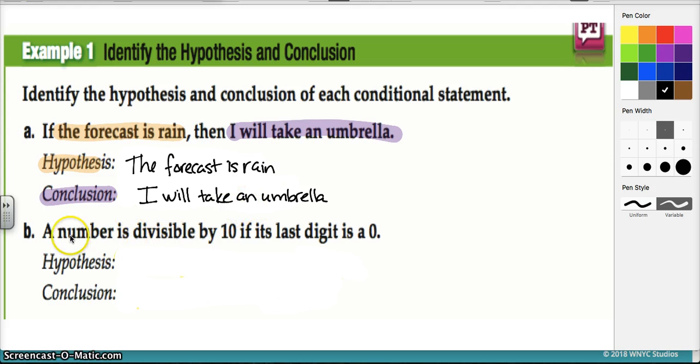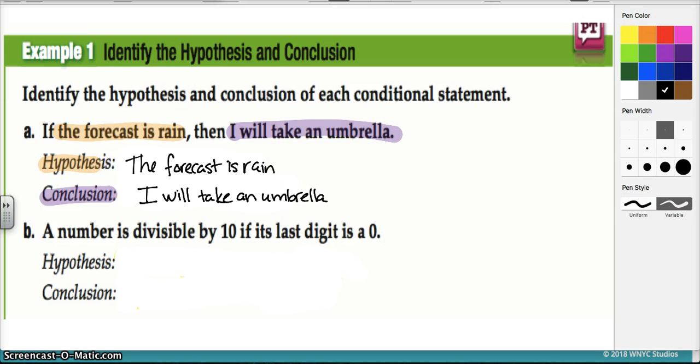Not too bad. Let's take a look at this one. This one doesn't seem to have a clear if-then vibe to it, but let's see if we can make out what's going on. It says a number is divisible by 10 if its last digit is a 0.